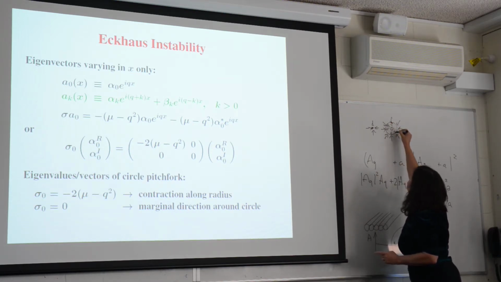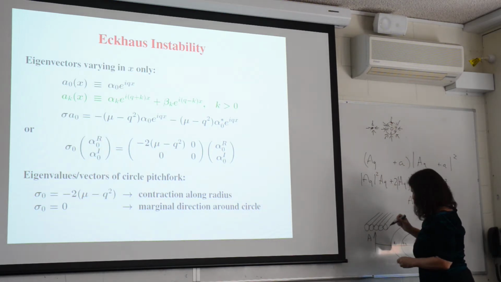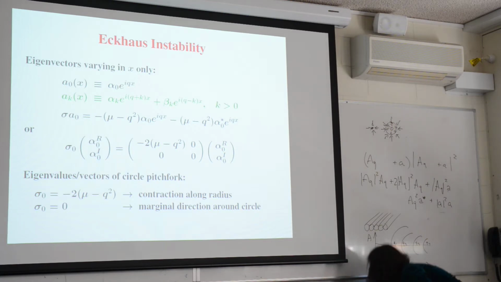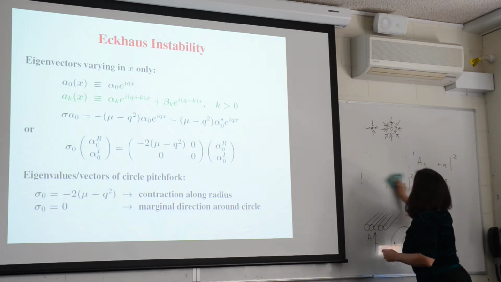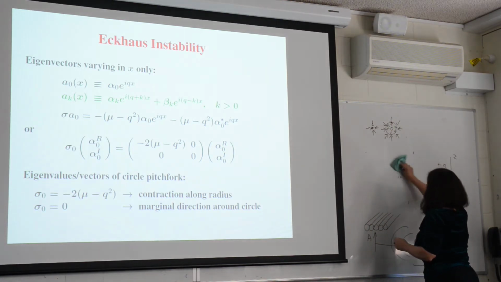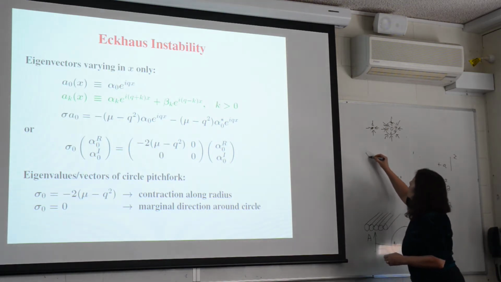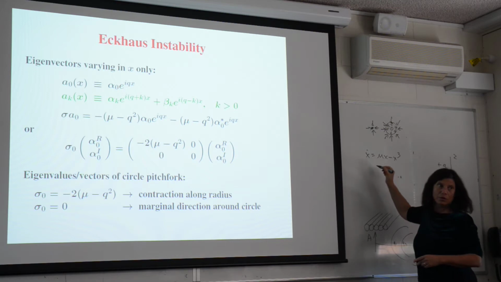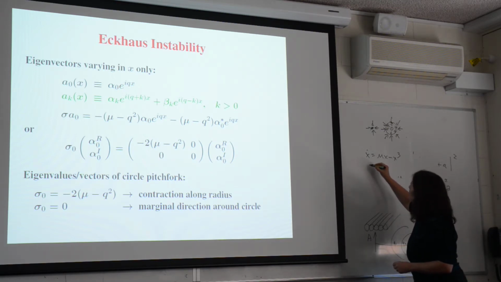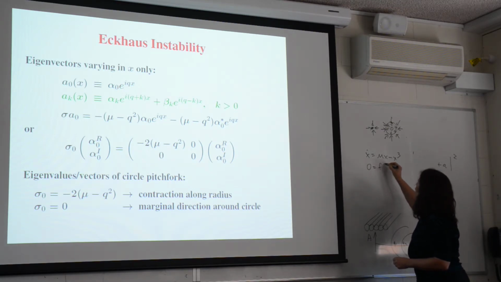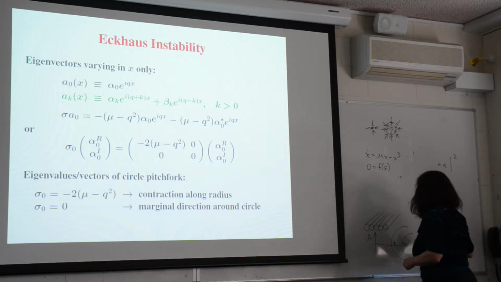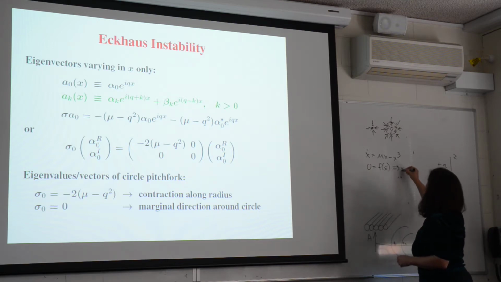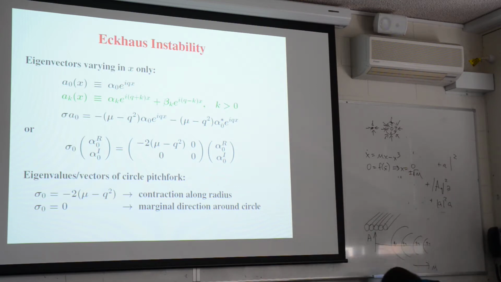And that minus 2 you've seen before also, because you've seen many times the equation x dot equals mu x minus x cubed. You've seen this, the steady states, 0 equals f of x bar, and then you found that x bar is equal to 0 or plus or minus square root of mu.